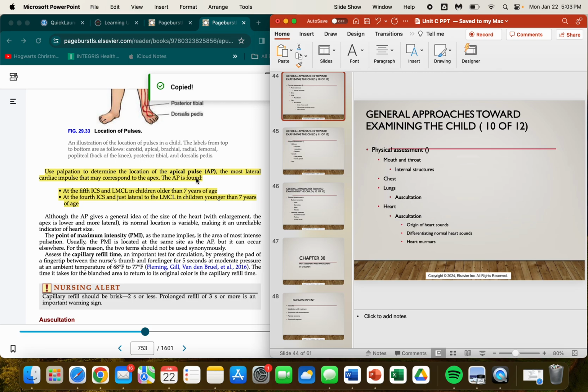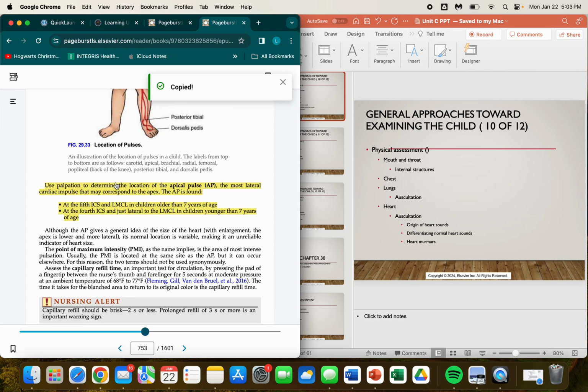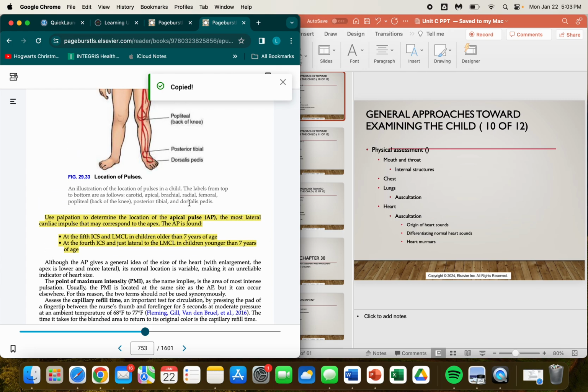And this goes on to say where you should listen to an apical pulse. In kids over 7, it is the 5th intercostal space at the LMCL, and in kids less than 7, it is the 4th intercostal space, lateral to the LMCL.